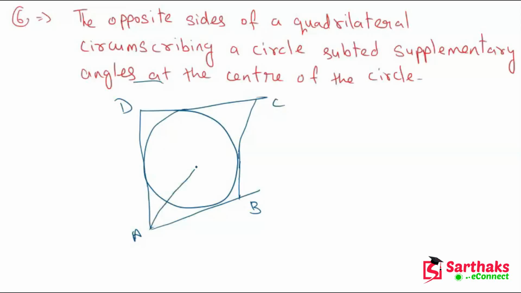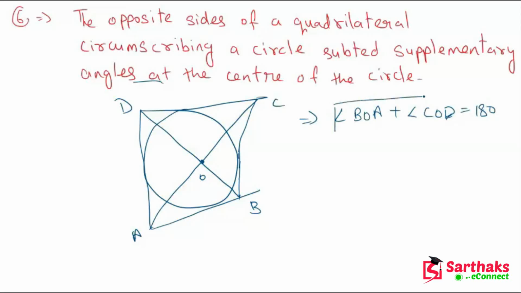Let's suppose these are the opposite sides. This is the center O of the circle. According to this statement, angle BOA plus angle COD is always equal to 180 degrees. So this is the statement of this property. Okay, my dear friends, I hope you understand these things.